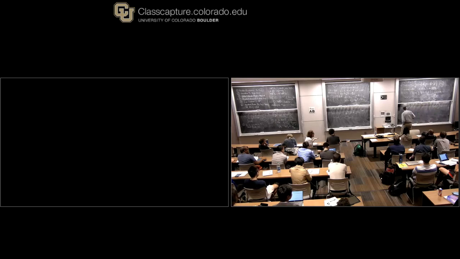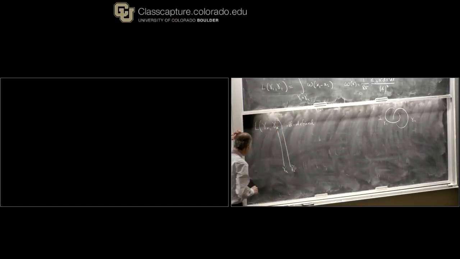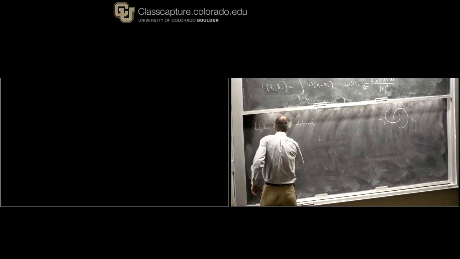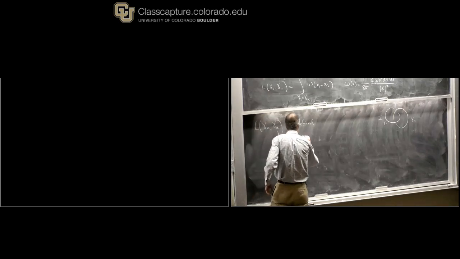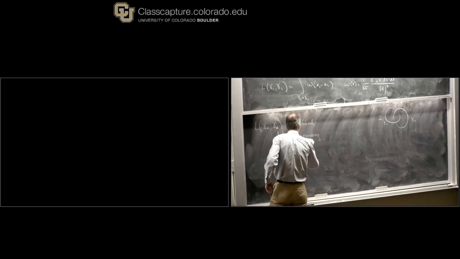So this is ill-defined. And so what we do is we use point splitting. So we take gamma_alpha and we deform it to gamma_alpha tilde. And the way we do this is we choose a non-zero section of the normal bundle.